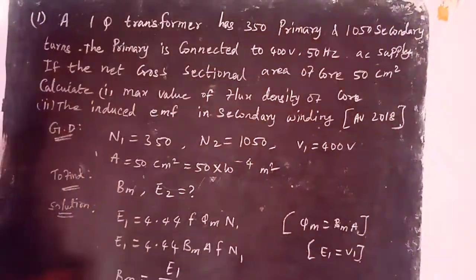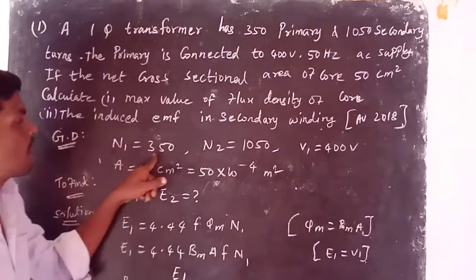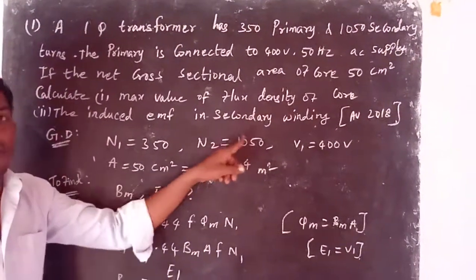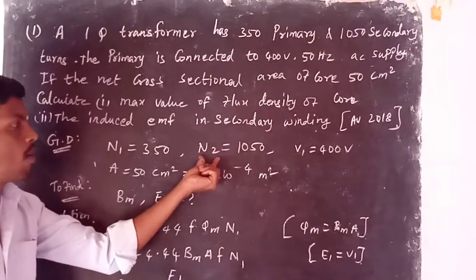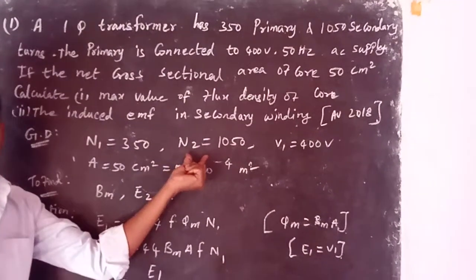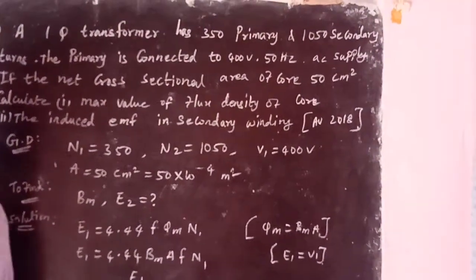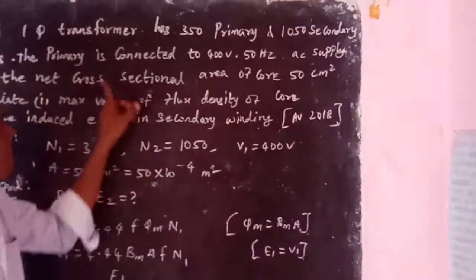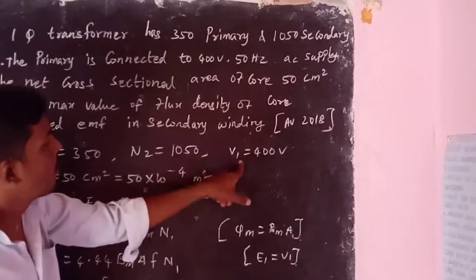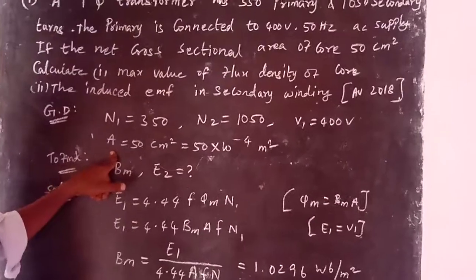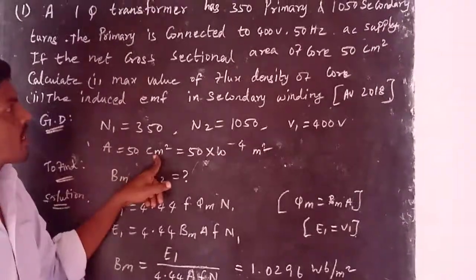First, the given data: N1 is 350 turns and N2 is 1050 turns. N2 is the bigger value, so this is a step up transformer problem. Next, V1 is equal to 400 volts, and the cross-sectional area is 50 centimeter square.